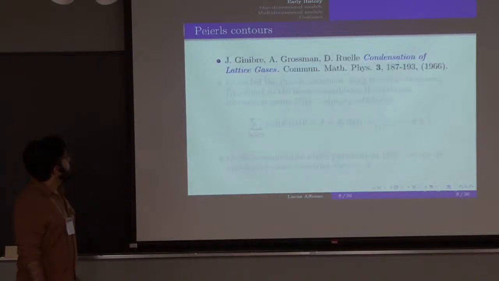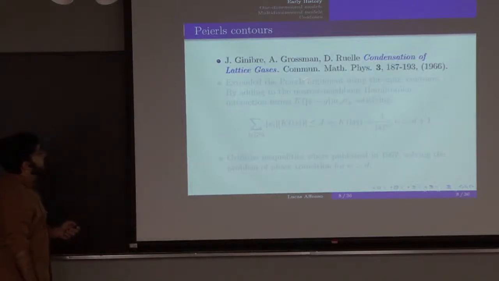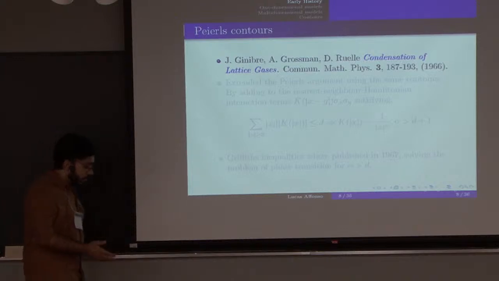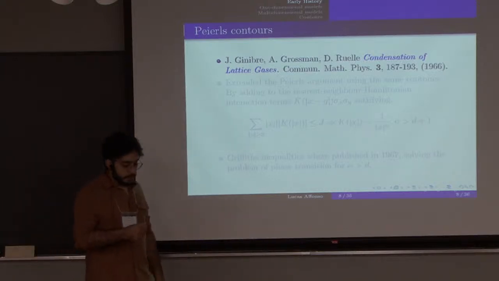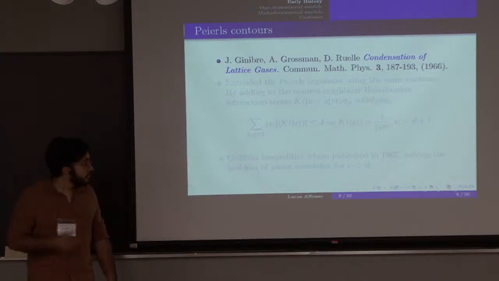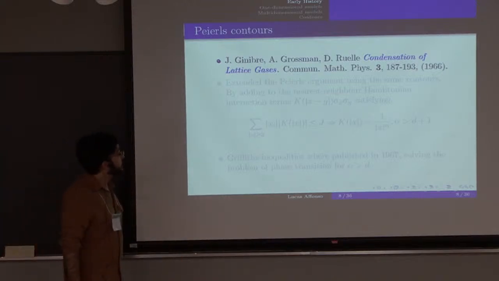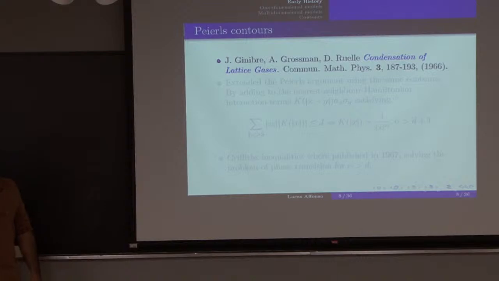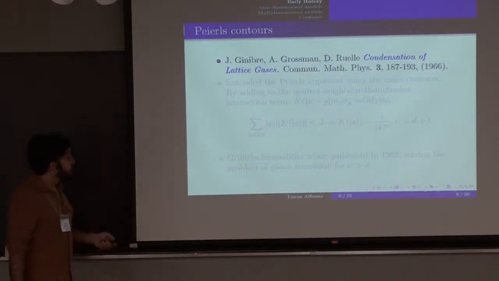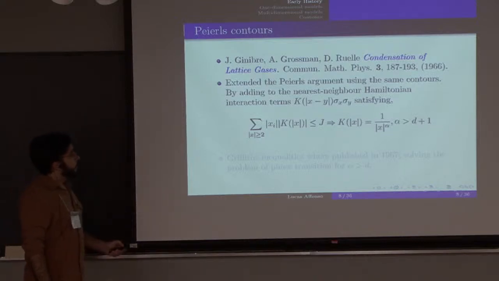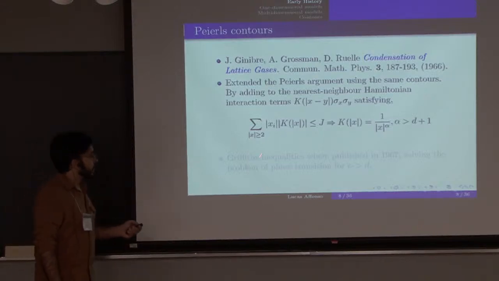So what happens some little time after that is that Ginibre, Grossmann and Ruelle noticed that the Peierls argument was also good enough to show phase transition with the same contours, not only for nearest neighbor interactions, but also if we consider more general interactions, allowing also long-range interactions. For the case of a two-body interaction, for instance, for their argument to work, they need this condition to be satisfied.